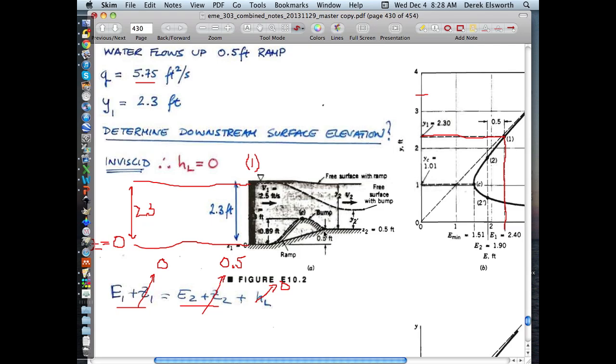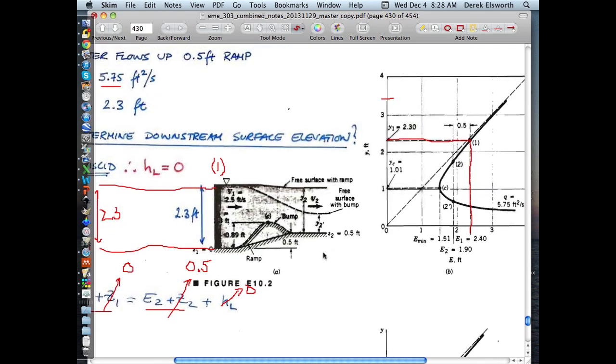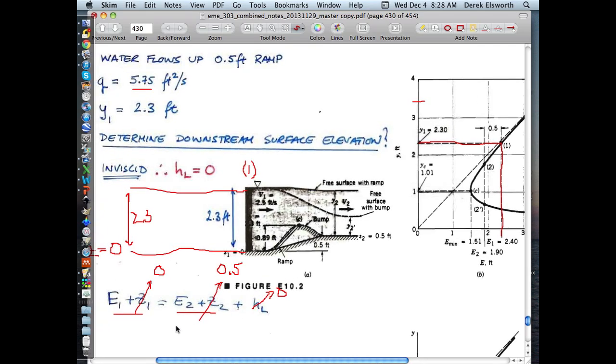And so what's going to happen? Where are we going to be on this specific energy diagram? Well, we know that we go up by 0.5. So we know that the change in energy is going to be the upstream energy, which we know, minus 0.5, right? Just subtract 0.5 off the left-hand side, and we end up with 0.2.